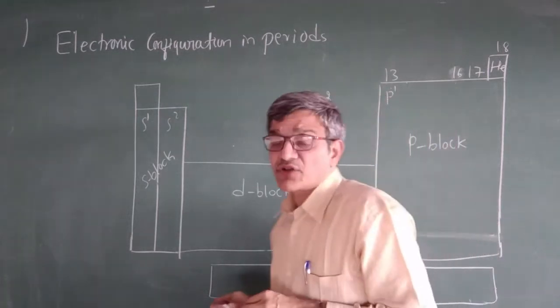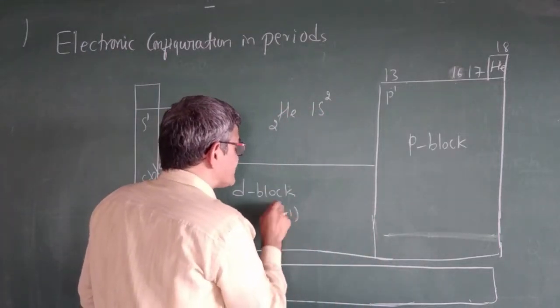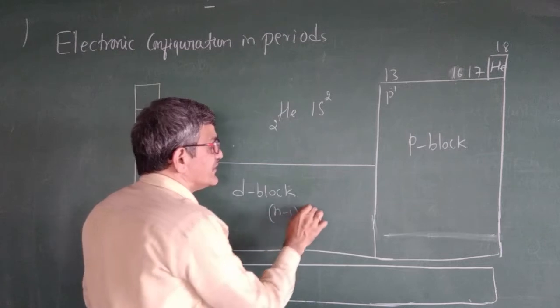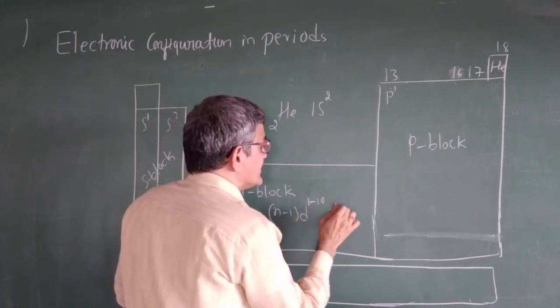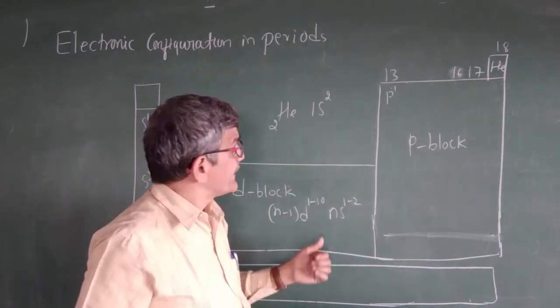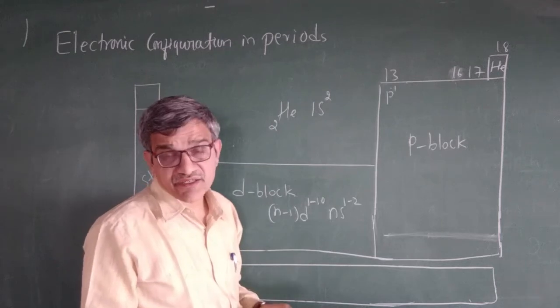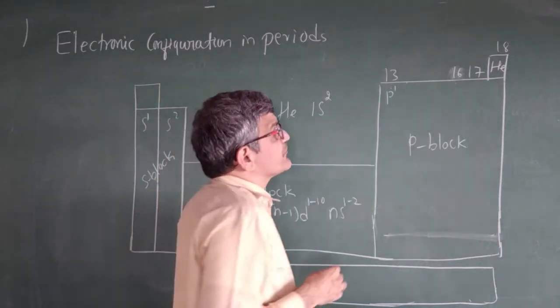And its general electronic configuration can be written as (n-1)d 1 to 10 ns 1 to 2. Okay. So that's its general electronic configuration. ಇದೇನಾಗುತ್ತೆ general electronic configuration of P block?